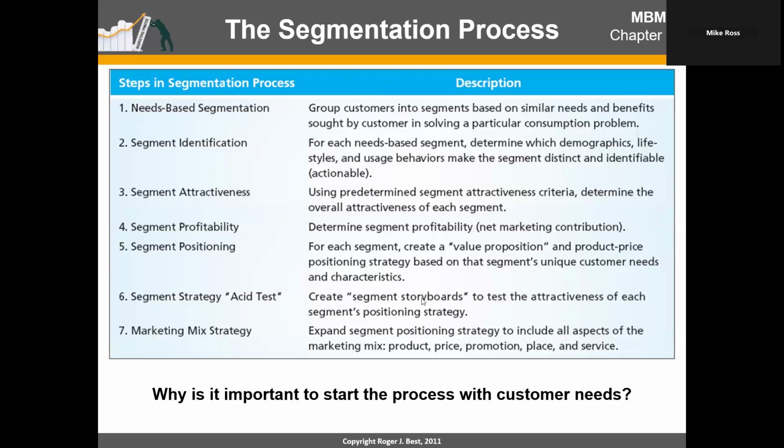But this idea of creating a storyboard helps determine, is this really a strategy for this particular market segment that makes sense? Can I build a story that could become a TV commercial or an ad that someone would look at and identify with, particularly my target audience?